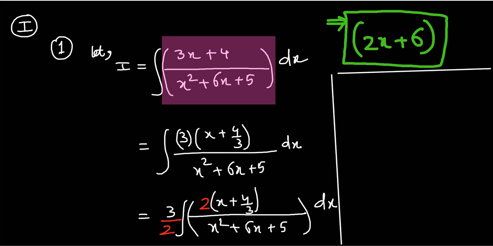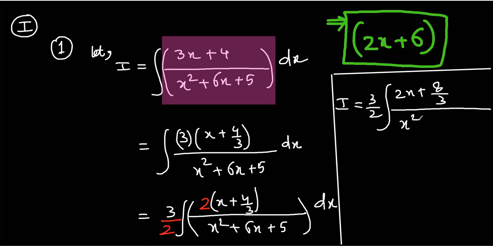Now I get I equals 3 over 2, and this 2 you multiply inside. Why? Because your aim is to get 2x plus 6. So 2x plus 8 by 3, the denominator is unchanged, x square plus 6x plus 5 and dx.